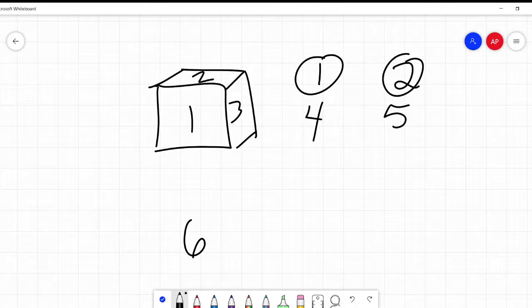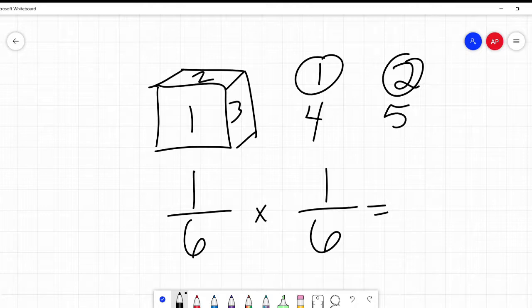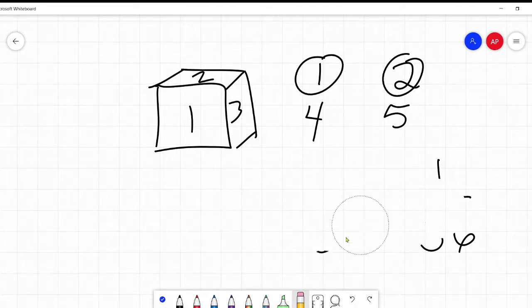Well, there are 6 possible outcomes for my first roll. 4 is one of those. To get a 5, there are 6 possible outcomes. 5 is one of those. Let me multiply. Multiply the numbers on top. Multiply the numbers on the bottom. 1 in 36. So far, so good, right?